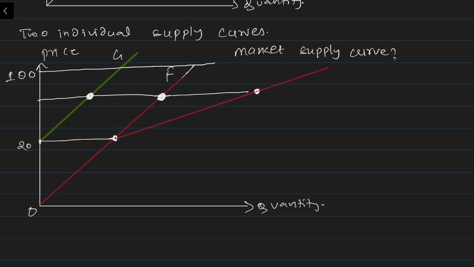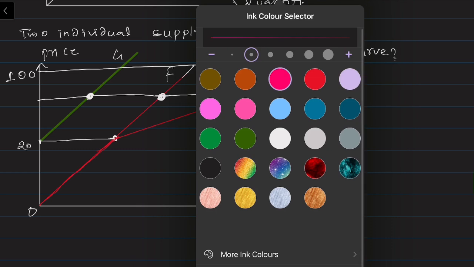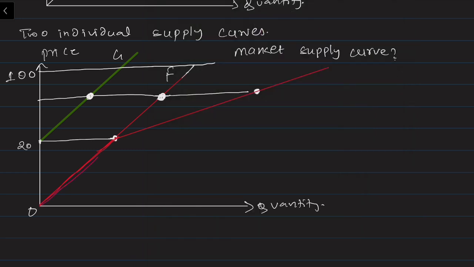Okay, so this entire line, let me draw it with a different color. So this entire line is the market supply curve. Okay, this entire line is the market supply curve.